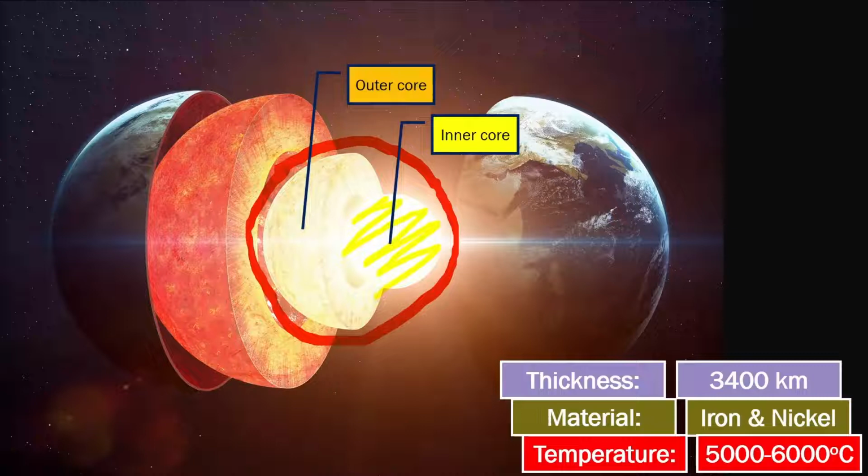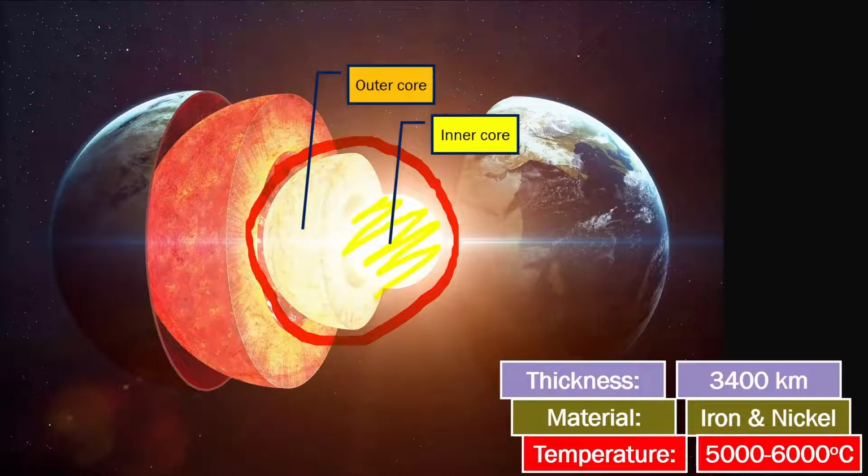What is the material for the core? What materials are in the core? So iron and nickel. What is iron and nickel? Iron and nickel is a type of metal. Okay. So it's a molten metal.